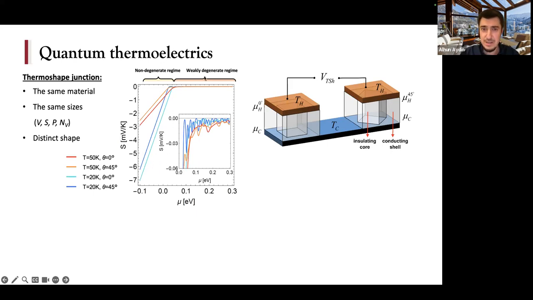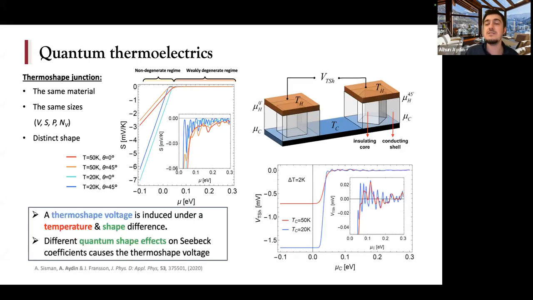This non-degenerate and weakly degenerate terminology comes from semiconductors. Do not confuse it with energy degeneracy. So the shape difference actually leads to a difference in the transport properties of these materials, and you can take advantage of that in thermoelectrics.